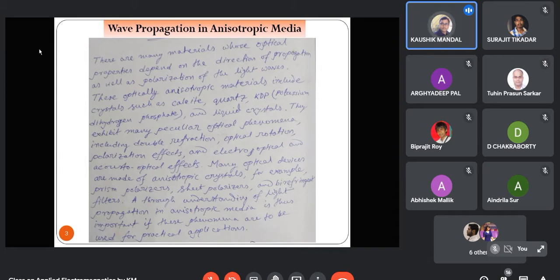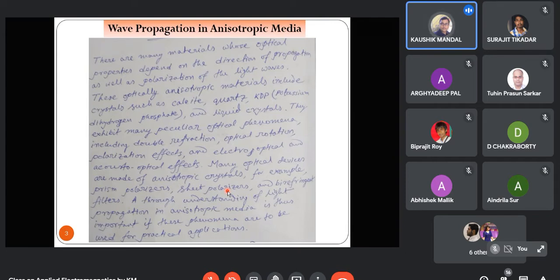Now, by using these peculiar phenomena of the anisotropic materials, different types of optical devices are made. Different types of optical devices are like the prism polarizer, sheet polarizer, and birefringent filters.